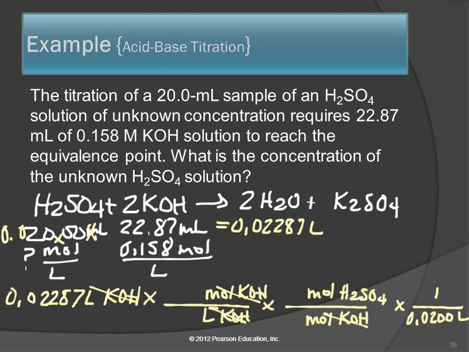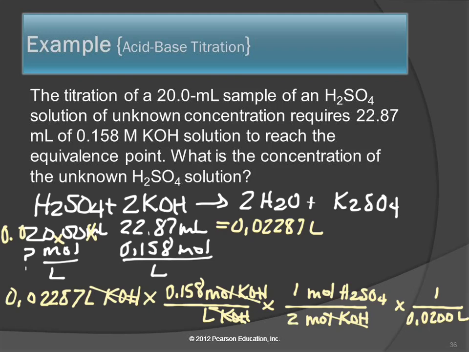And if you want to see a slightly different way, you can watch the Tulare version of this section, and I did it a little differently there. So this conversion factor, moles per liter, is the concentration that we were given, 0.158. This relationship between moles of acid and moles of base comes from where? The equation. 1 mole of sulfuric acid reacts with 2 moles of potassium hydroxide. So we've got 1 to 2.